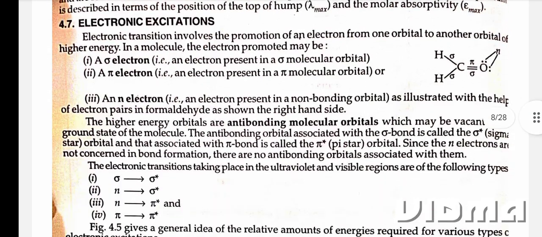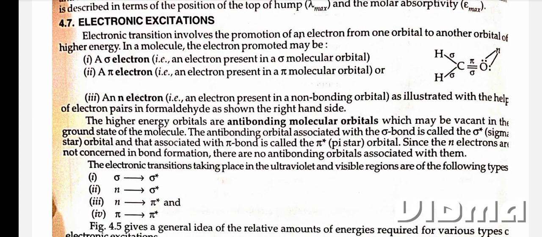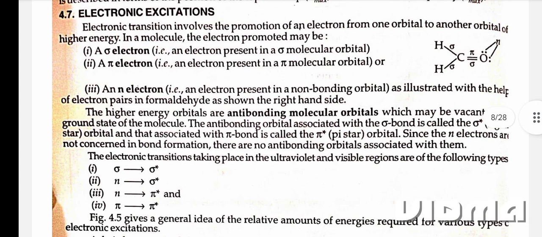Electronic excitations. Electronic transition involves the promotion of an electron from one orbital to another orbital of higher energy. In a molecule, the electron promoted may be a sigma electron, a pi electron, or an n electron, as illustrated with the help of electron pairs in formaldehyde as shown on the right hand side.